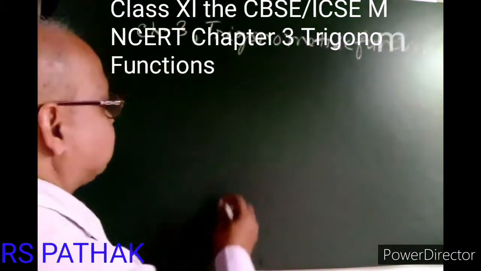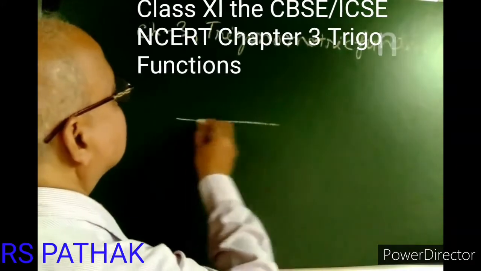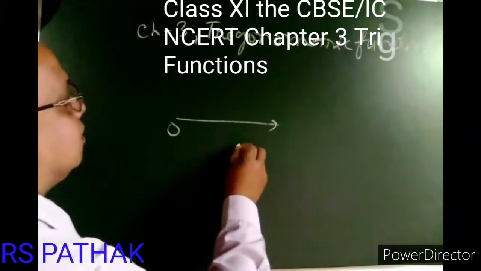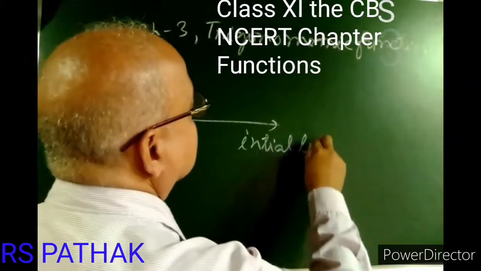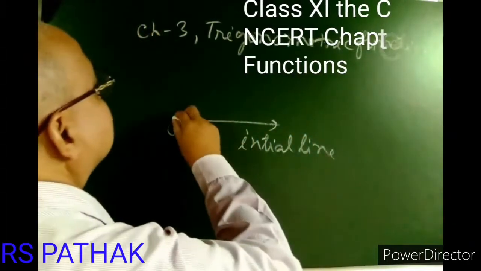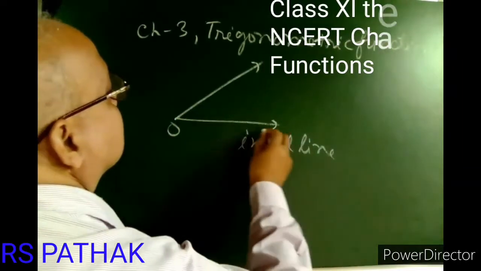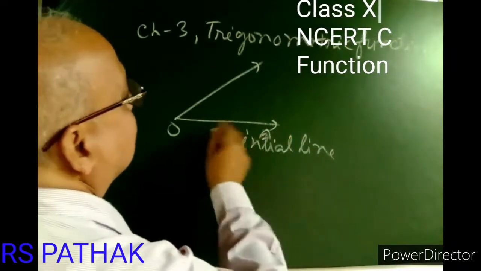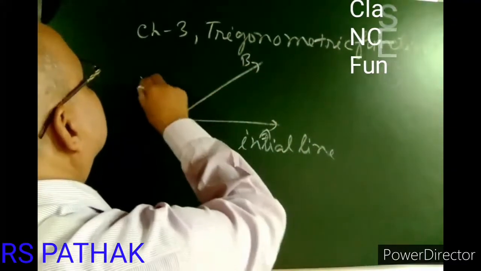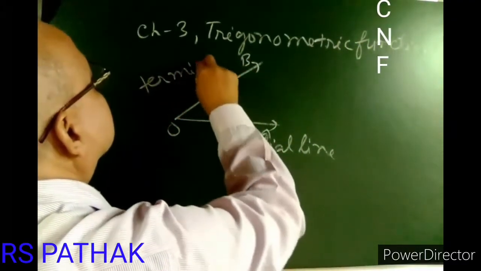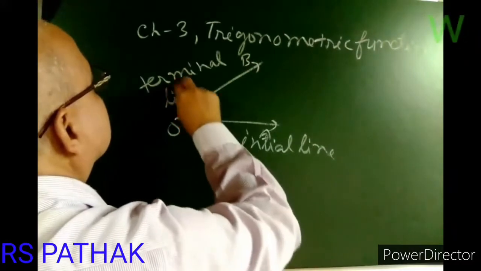Let us suppose this is a line. This line OA is called the initial line, and this line OB is called the terminal line.